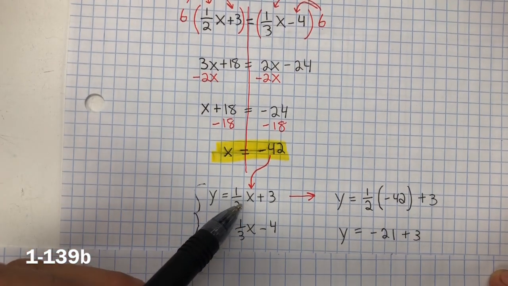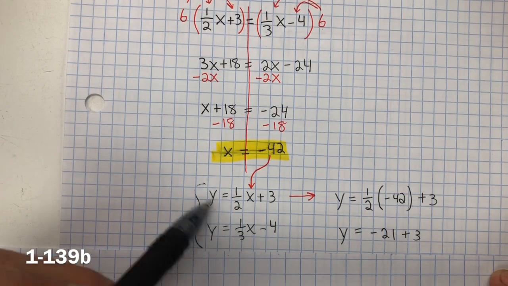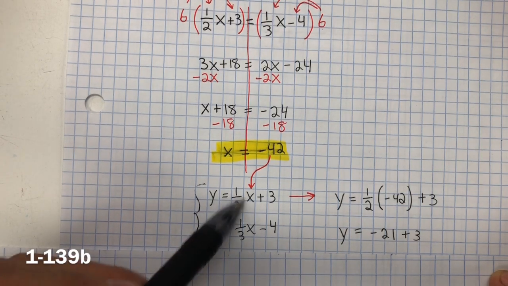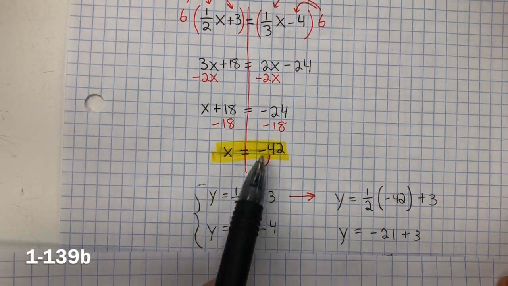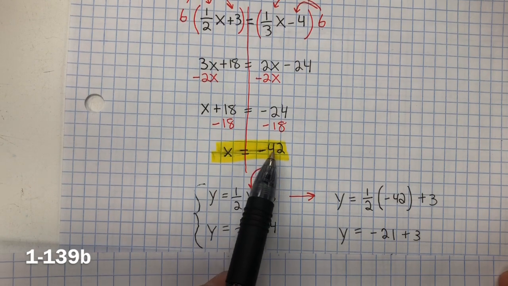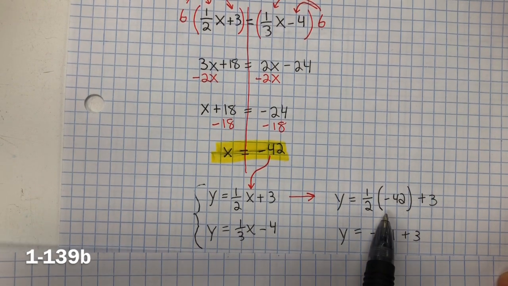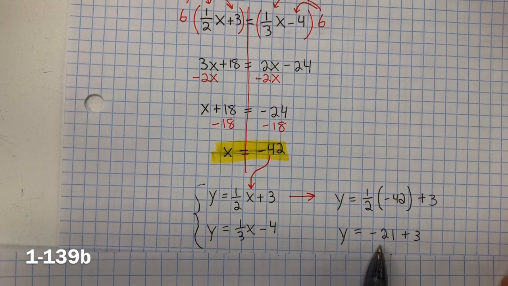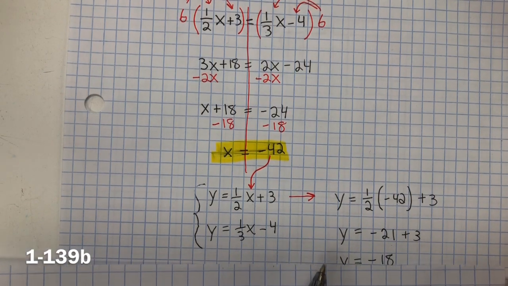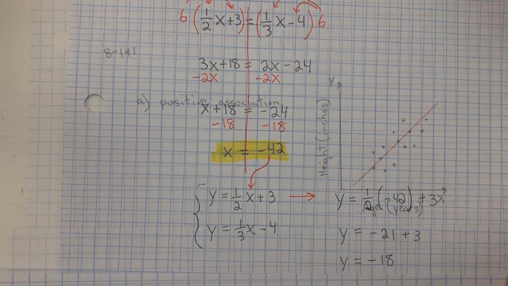And I'm going to choose the first equation, the top equation, because finding half of something is much easier than finding a third of a number. So instead of x, I'm going to substitute -42, which is here. And half of -42 is -21. And -21 plus 3 equals -18.